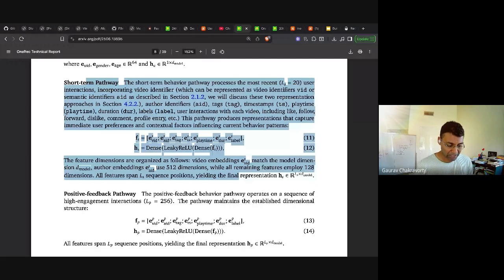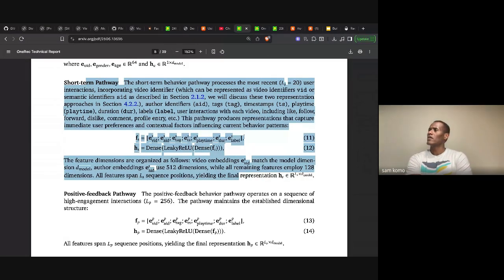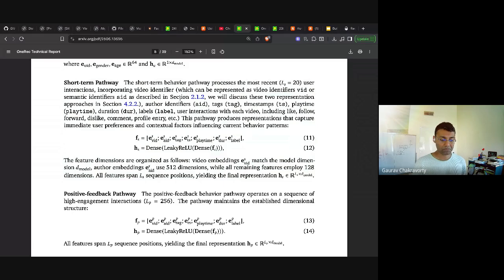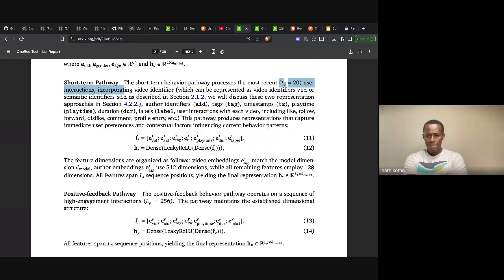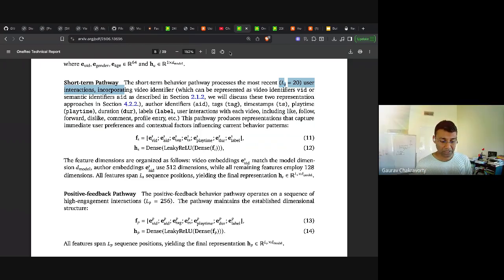Basically, the short-term pathway takes an input sequence of 20 items, processes it, and the output is also a sequence of 20 items. For the short-term user history, they take the most recent 20 user interactions. Just like we wrote in our encoder-decoder architecture for machine translation, once you have those 20 and the context, you pass it through some sort of attention, but the output is of the same length.